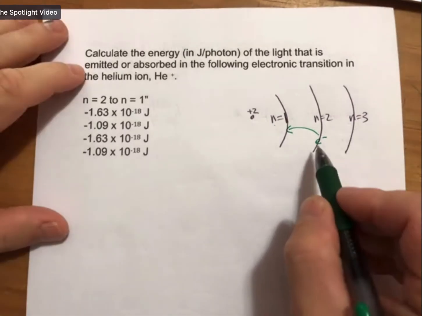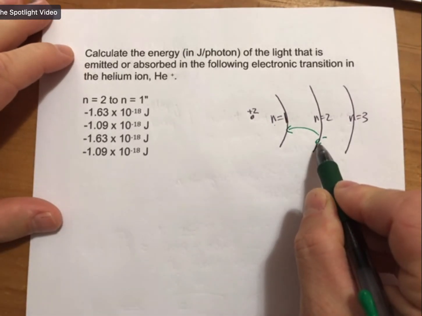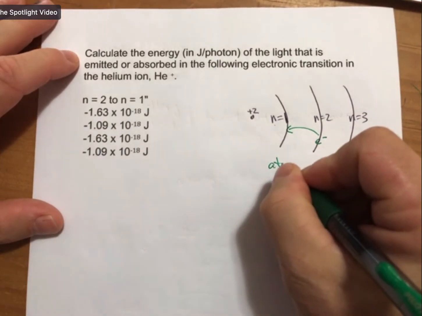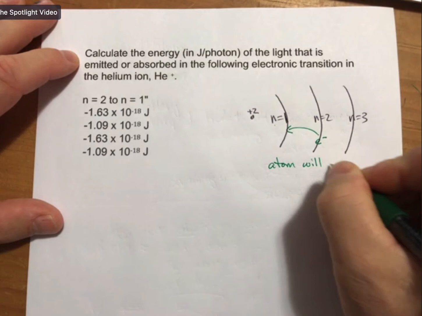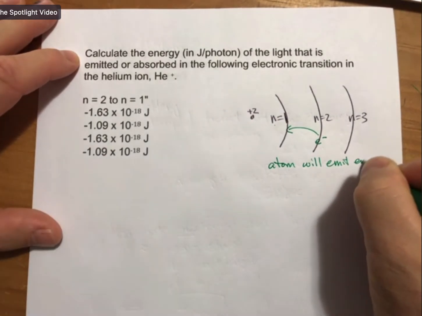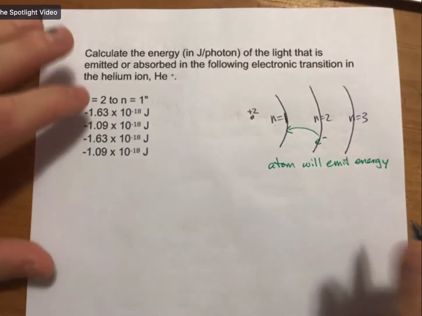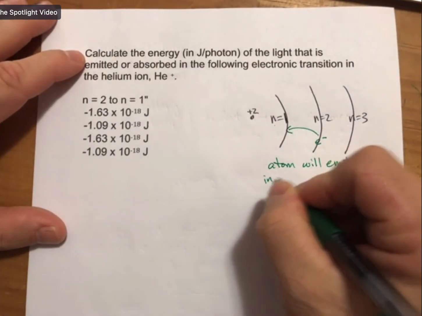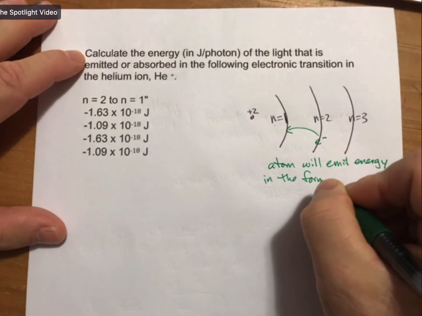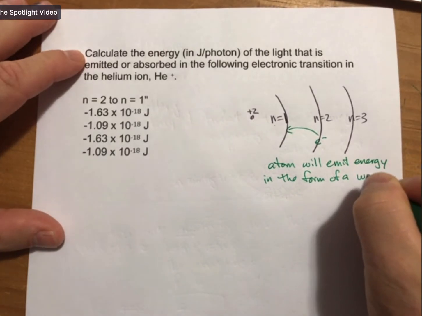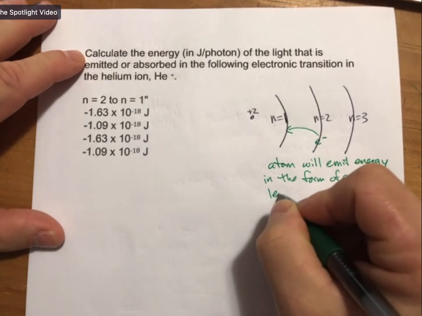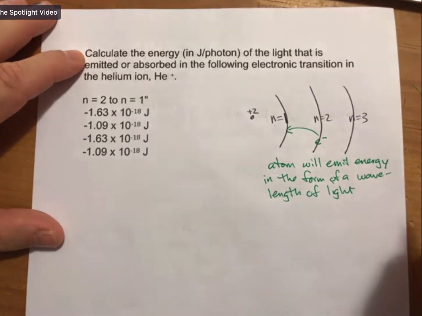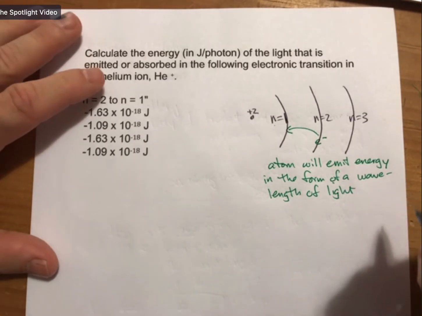Now as the electron moves closer to the nucleus, the atom will emit energy in the form of a wavelength of light, as the electron moves closer to the nucleus.